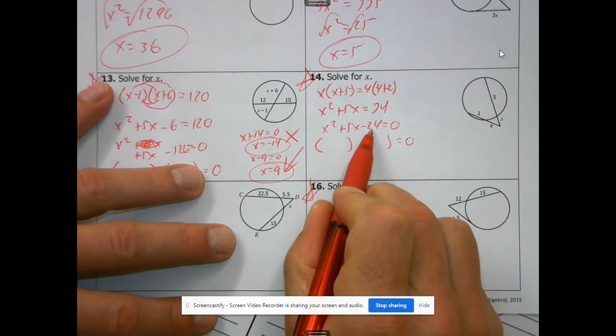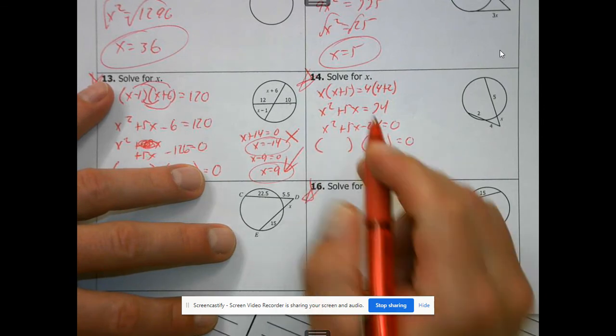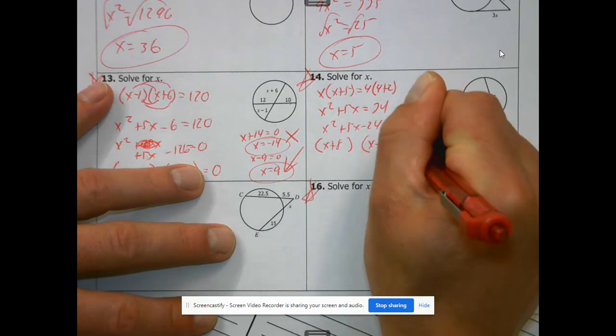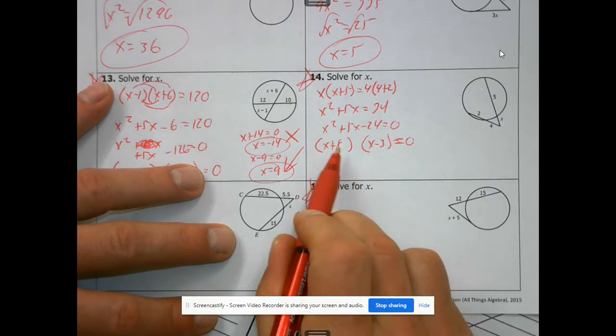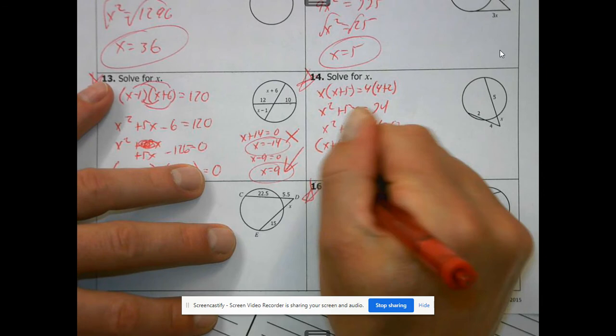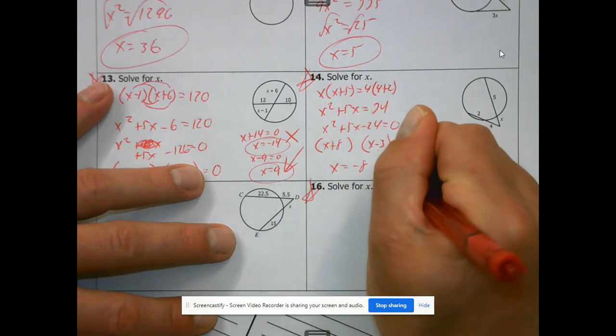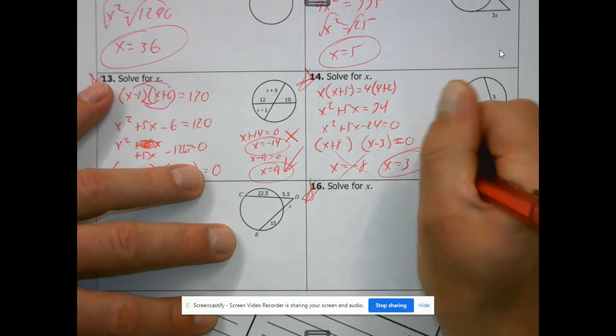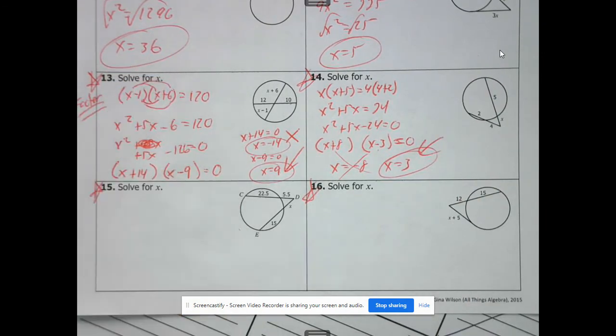Multiply to give me this. Add them up to give me this. It's a positive 8 and a negative 3. Set each of these equal to 0. X equals negative 8. In this case, x would equal 3. This answer does not work because it is negative. That is your answer.